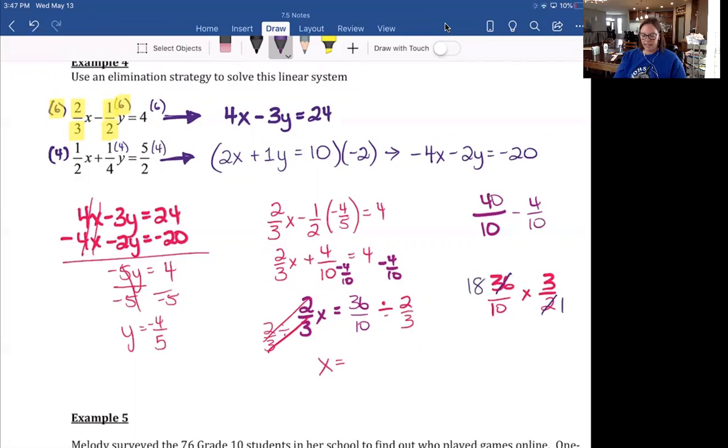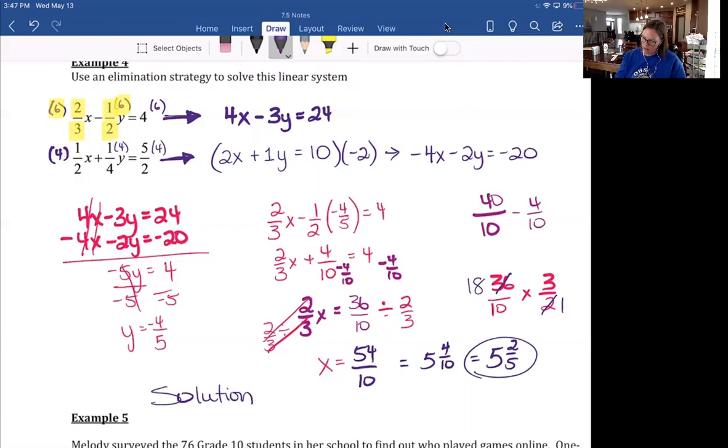And so 18 times 3 is 54/10, which is 5 4/10, which is 5 2/5. So my solution is 5 2/5 and -4/5.